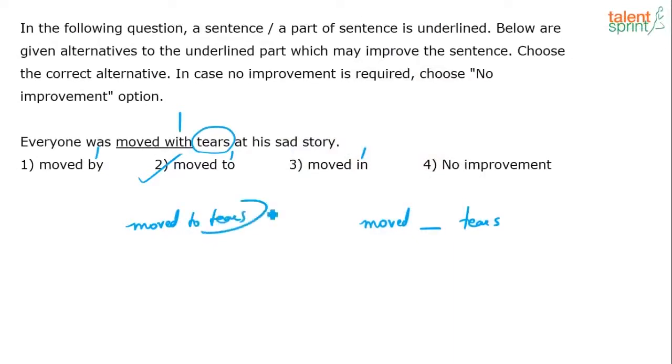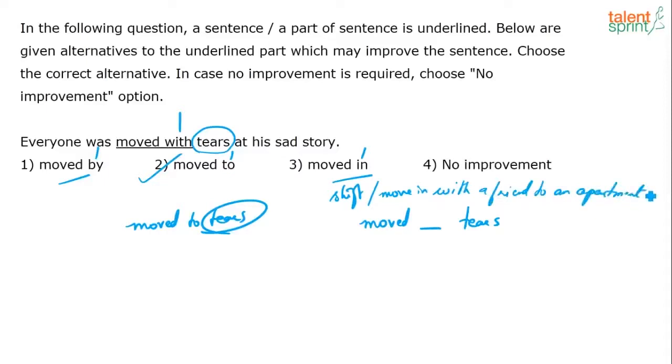collocation with tears. But all of the other things are also collocations, but they are applied in different contexts. Move in, shift, or move in with a friend to an apartment, right?